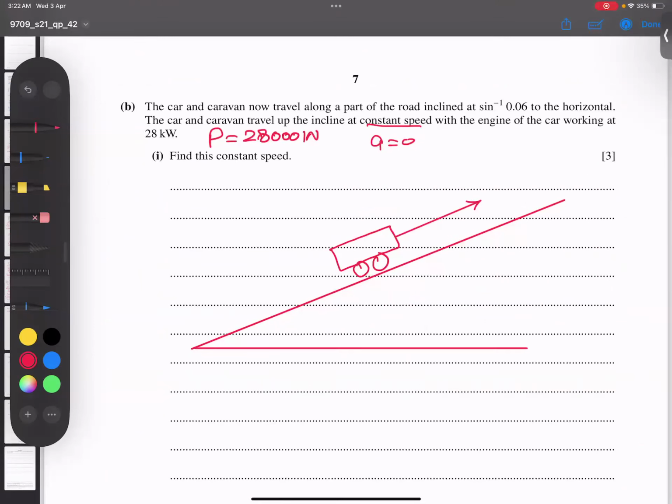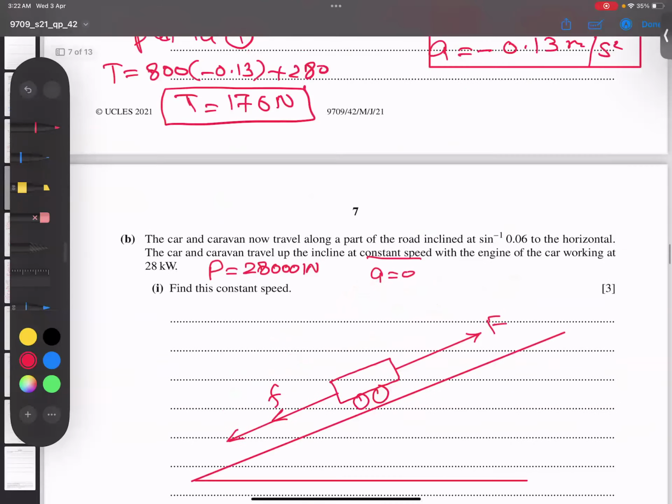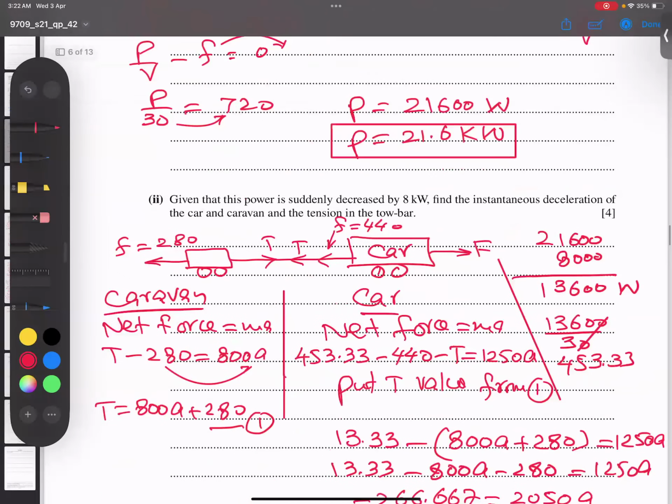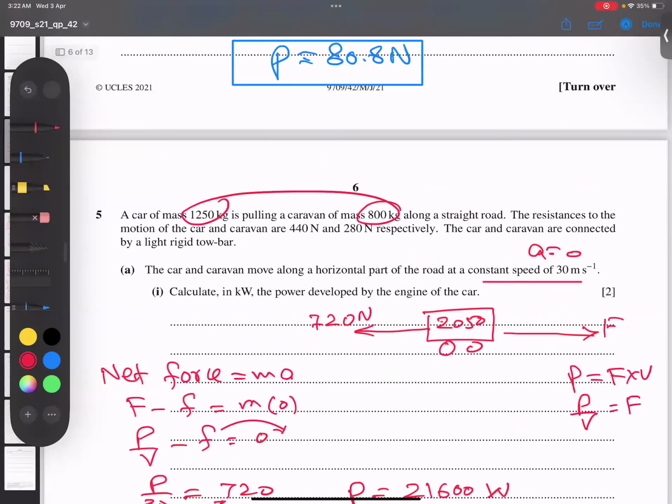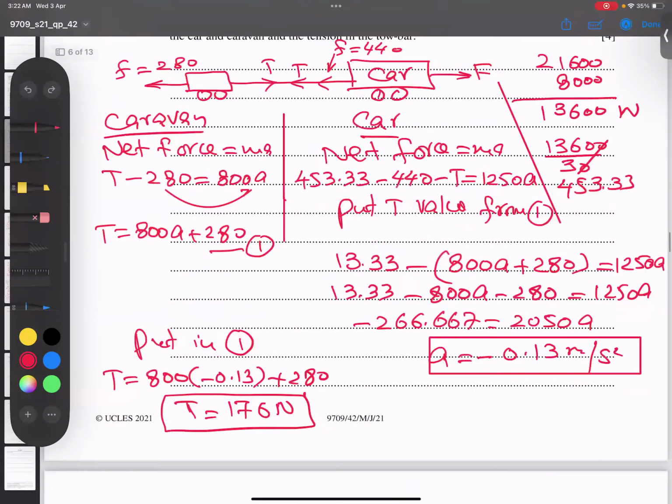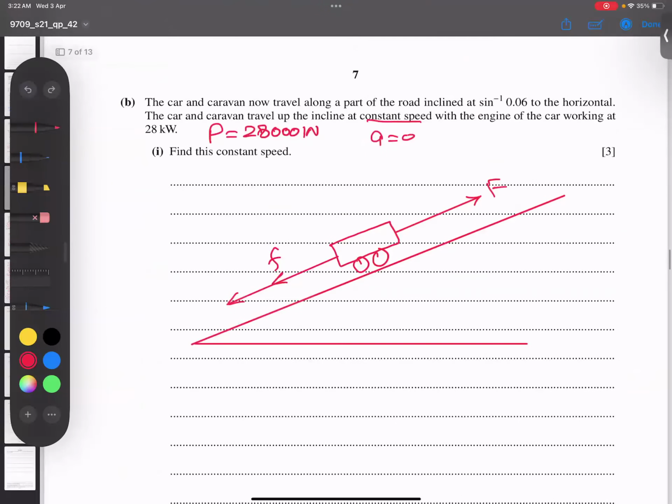So let's talk about it. What is the force? There is the driving force, and backward there are two components acting: one is the friction force and the other is the weight component. If I add the car and caravan together, the combined mass is 2050. So the weight turns out to be 2050 times 10.